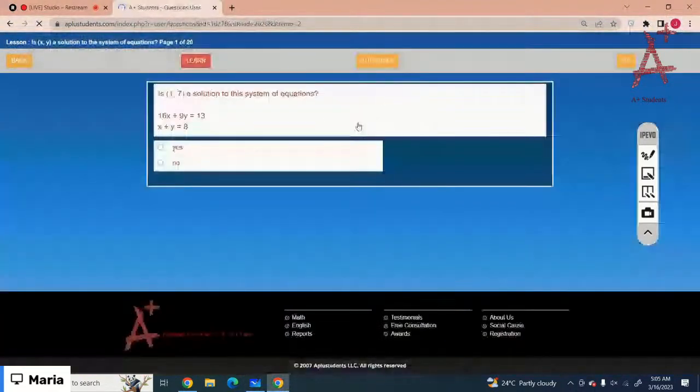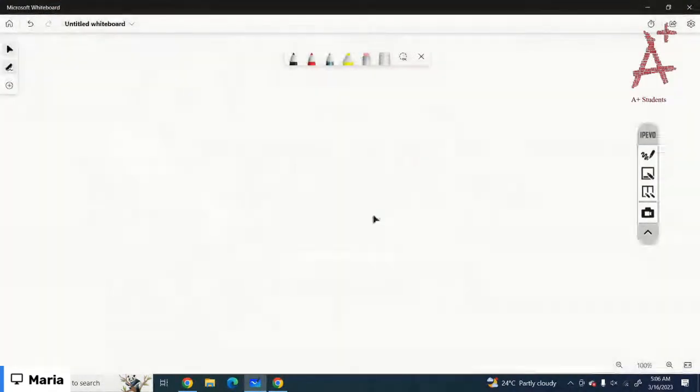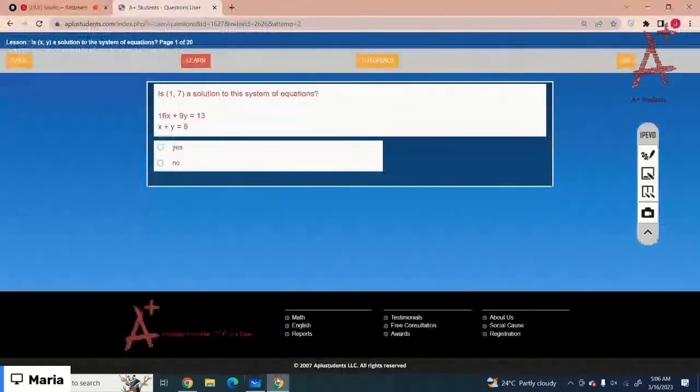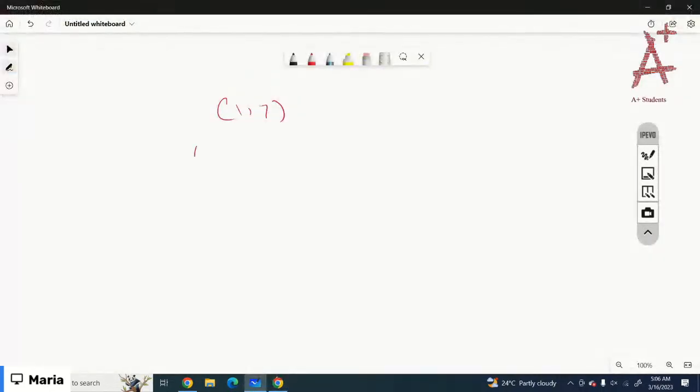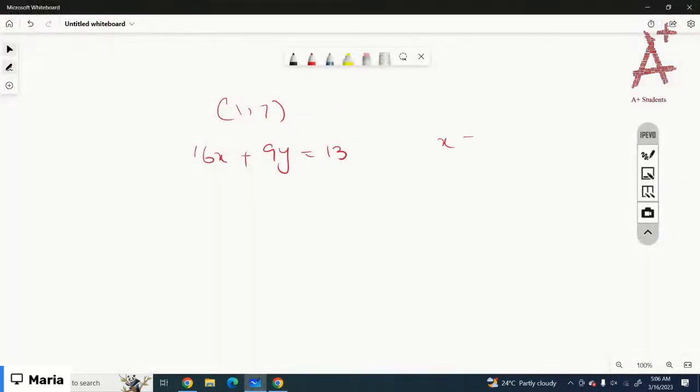Okay, the next one: is (1, 7) a solution of the system of equations? The equations are 16x plus 9y equals 13, and the second one is x plus y equals 8.